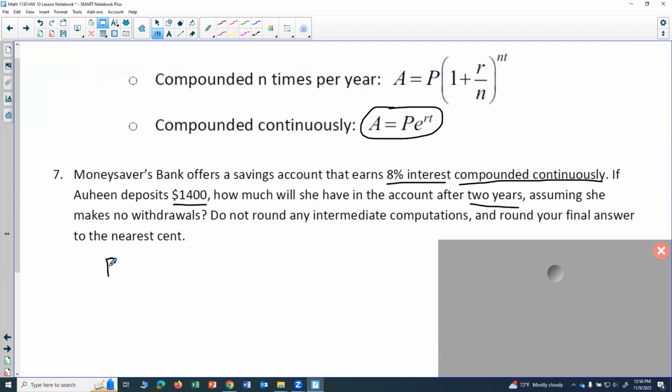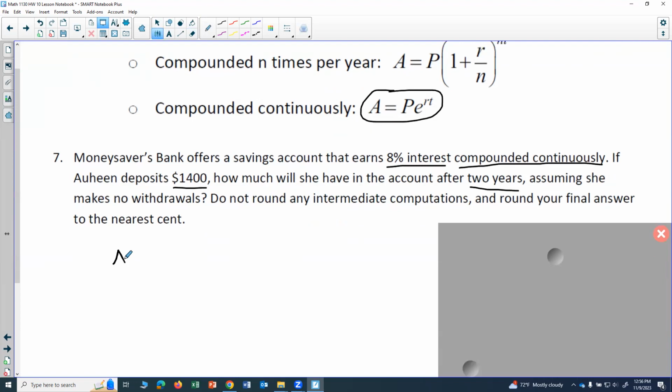So I have A equals P, which is 1,400, e, the interest rate is 0.08. 8% would be 0.08 times 2.